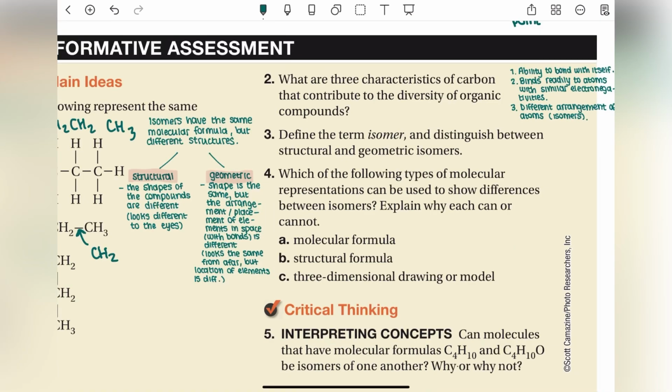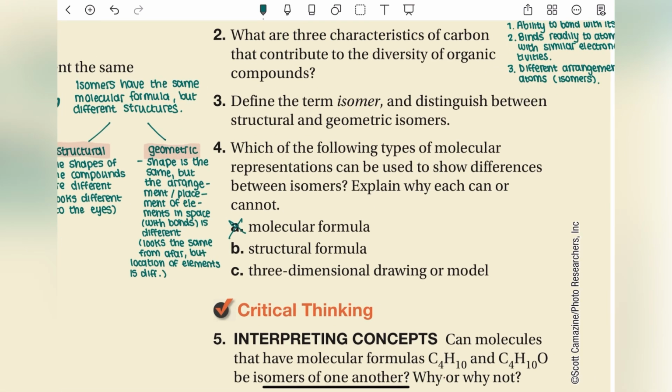The fourth question asks which of the following types of molecular representations can be used to show differences between isomers. Explain why each can or cannot. So in order to see the differences between isomers, we need to see their structure. So that's why we can cross away molecular formula right away, because a molecular formula, like in the form of this, doesn't tell us anything about the structure.